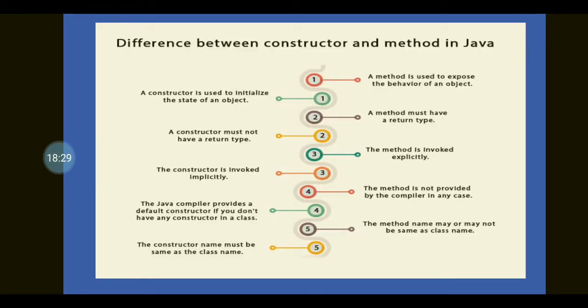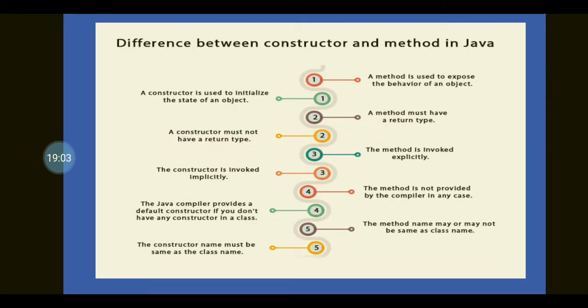And there is a difference between a constructor and a method in Java. As the first thing, a constructor is used to initialize the state of an object. A method is used to expose the behavior of an object. The constructor will initialize, but the method will be called in order to expose some behavior, that is, to do some process. A constructor must not specify any return type because it returns the instance of the class itself.